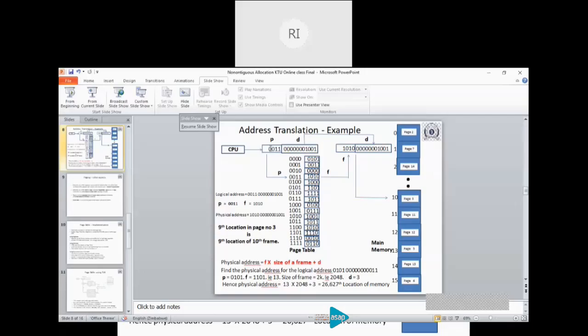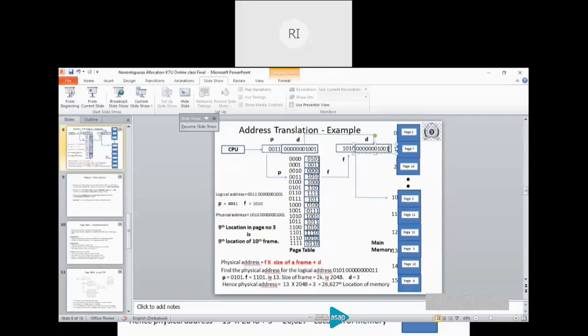So once we get the frame number, 1010, the decimal value is 10. So we will go to the 10th frame. You can see here the frame numbers are given as 0, 1, 2, etc. So we will go to the 10th frame, and in the 10th frame we will look for the 9th entry.